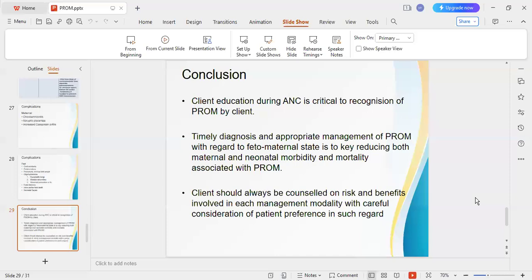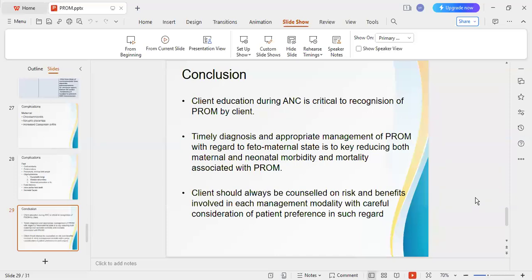To add on, there are also other special groups of patients when it comes to the management of PROM, like our mothers with HIV and then patients with cervical cerclage. These special patients have to be addressed in the presence of a specialist or a consultant, an obstetrician gynecologist. These decisions are very crucial, so we need those inputs to be able to take those decisions.